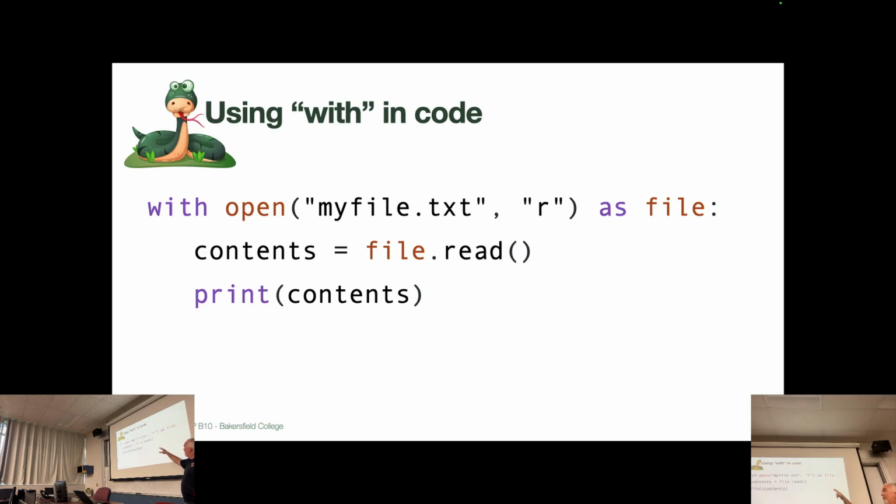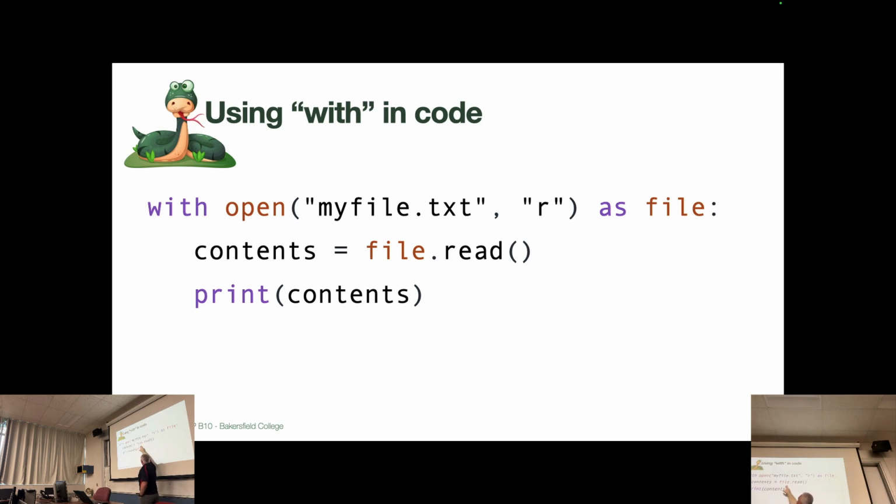So I would say with open, you can see open my file for reading as file. What that means is it's the same as saying file equals open my file for reading. However, it creates a code block. It creates a context for this code to run.